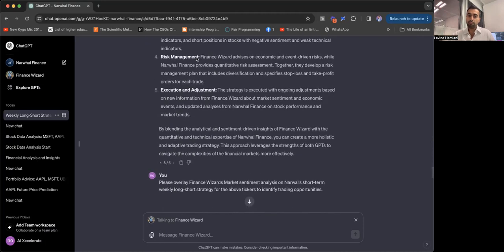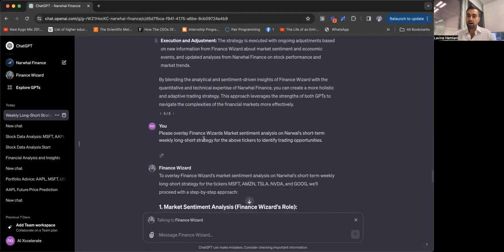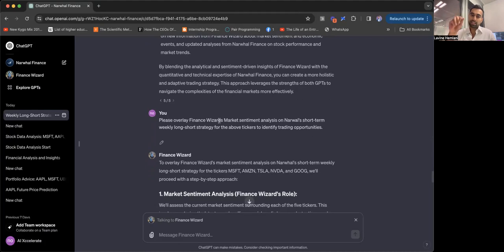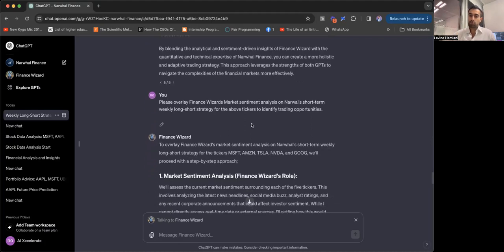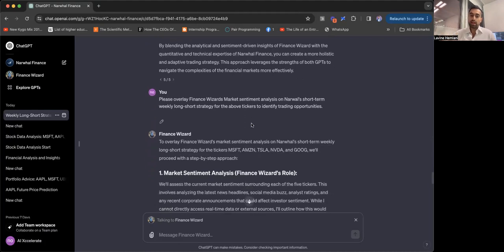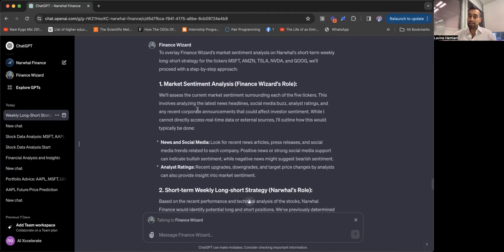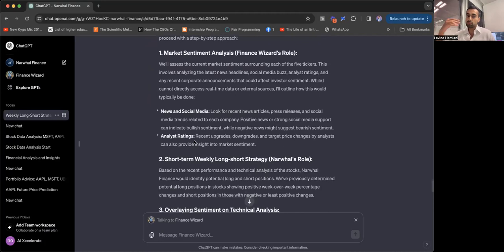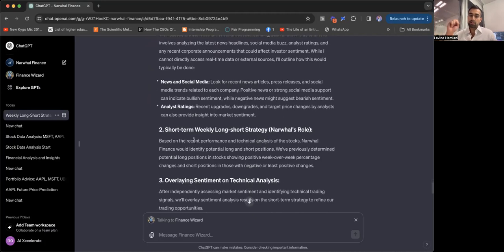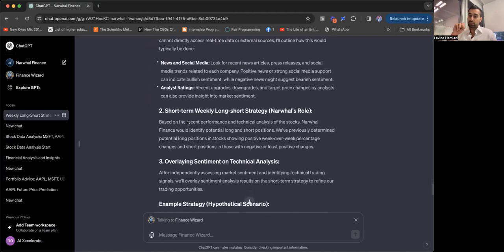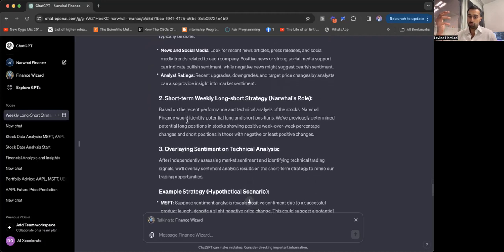Once I've put those two prompts together, I've seen where I can take the best elements of Finance Wizard and Narwhal's data and overlay the two. So I took the market sentiment analysis from Finance Wizard, which is good with news and social media and analyst ratings, and then the weekly long-short strategy, which is Narwhal's role.